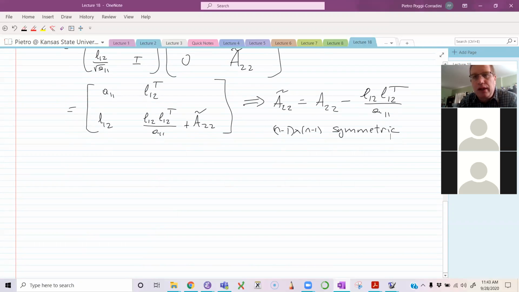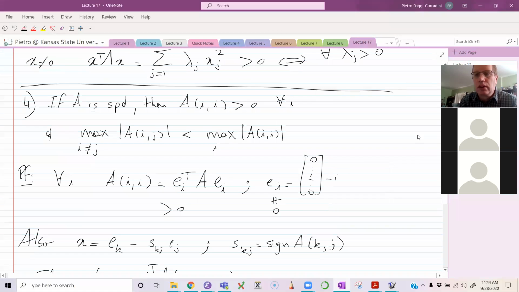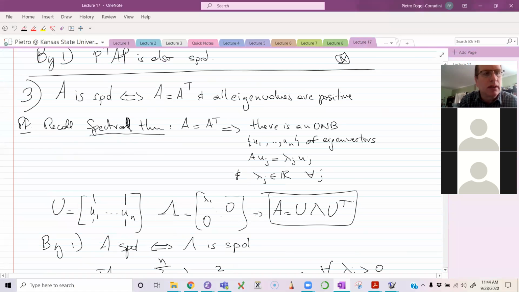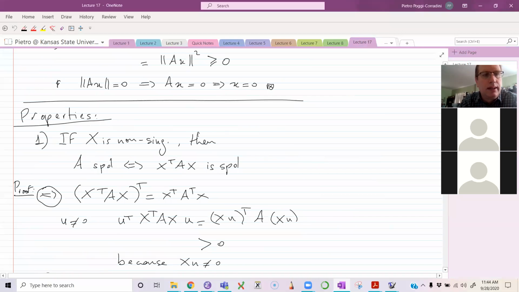All right, so here we need to recall a little bit some of the properties from last time. Remember, I promised that we were going to use this first one. A is SPD if and only if X transpose AX is SPD for any X non-singular.